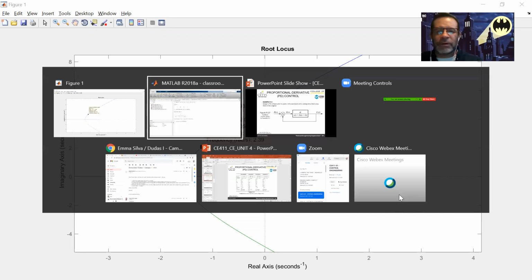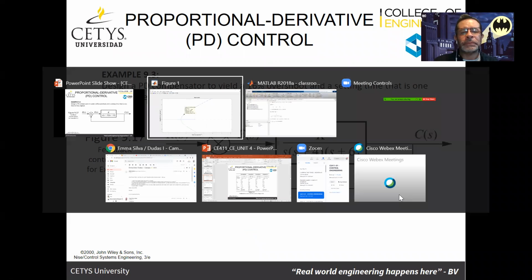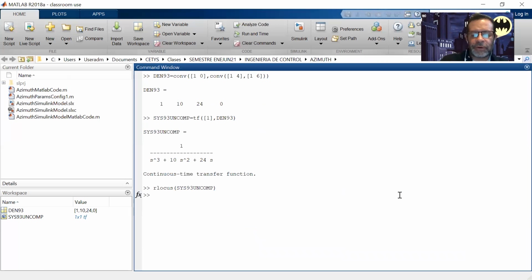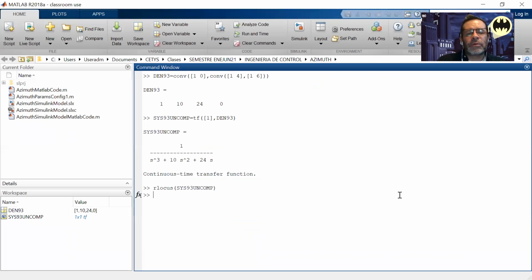I actually have the value here in the PowerPoint. It's 43.35. Okay, so K is 43.35. We can see it here on the graph, 43.3. So let's go with K equal to 43.35.